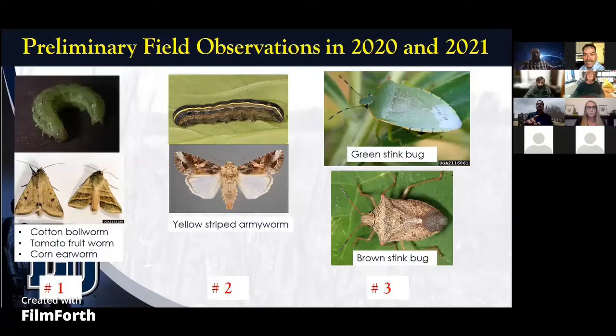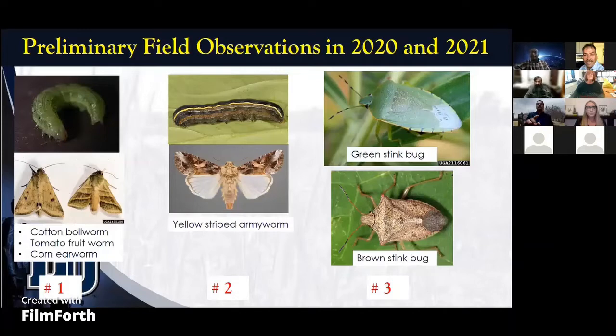So if you have a hemp field, how many of the cotton bollworm or corn earworm, which most of the survey that Dr. Gonzalez presented showed that most farmers found this insect. Another one is the yellow striped armyworm, Spodoptera, which is also a major pest.